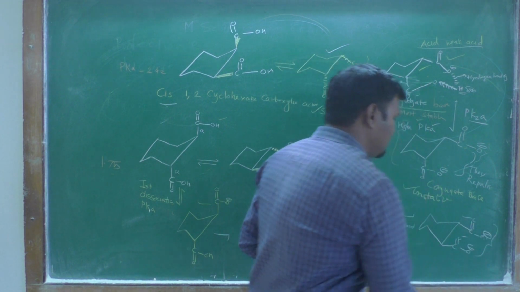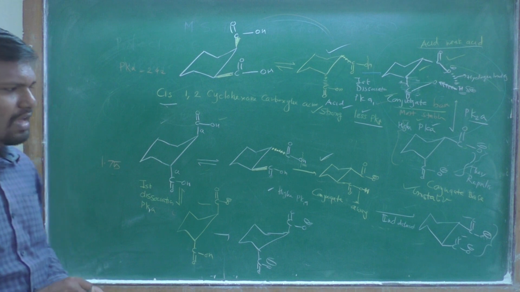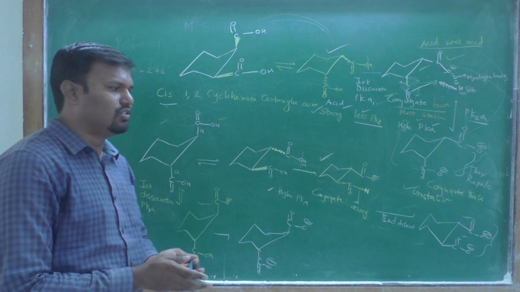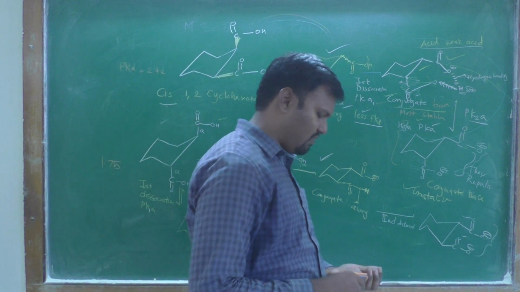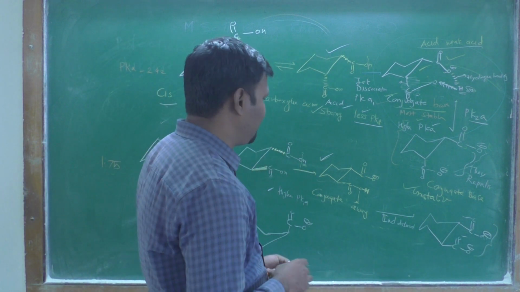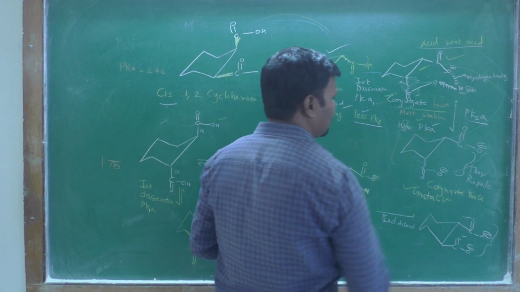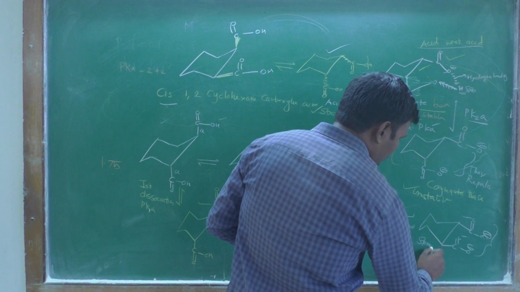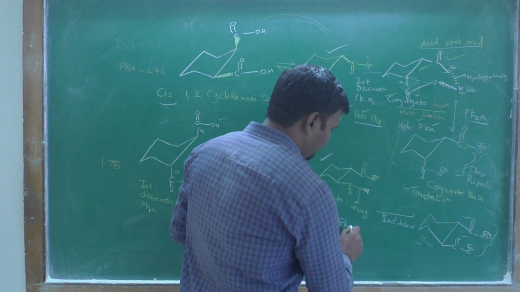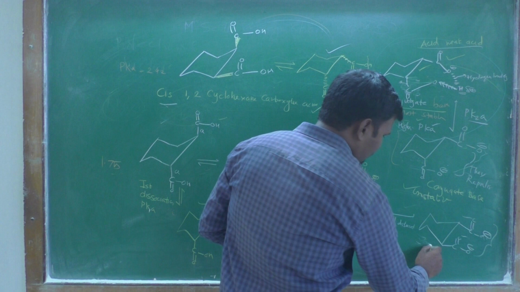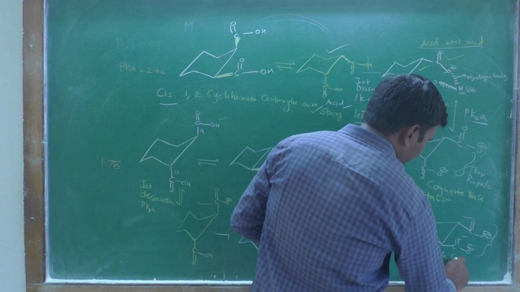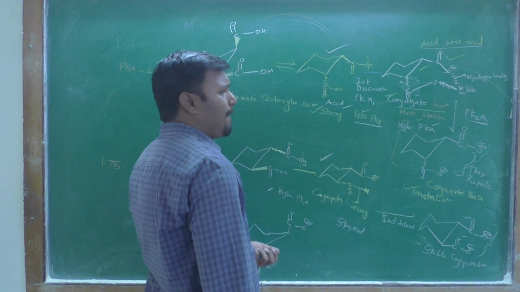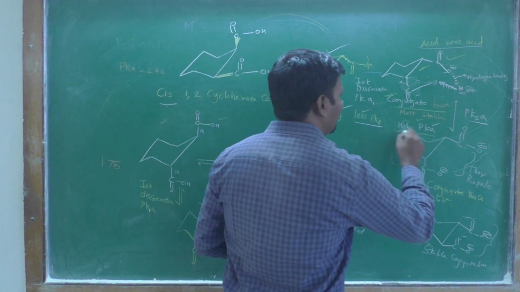Therefore there is no dipole repulsion and no negative charge repulsion, because these carboxylate ions are away from each other. Therefore, compared to this, it is the strong acid, and this is the stable conjugate base. This pK value is very high.